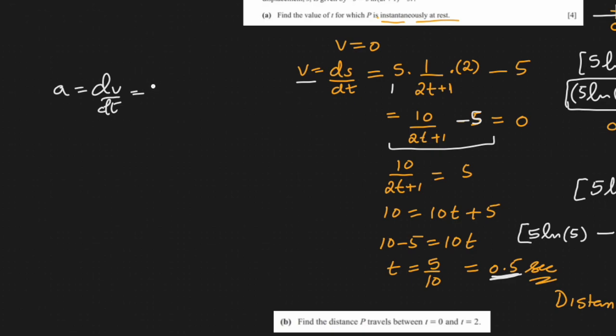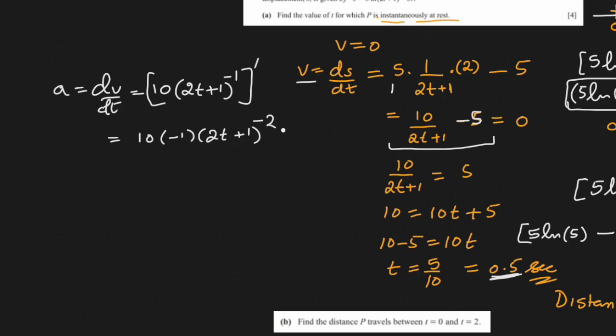Can write this as 10 multiplied by 2t plus 1 to the power minus 1, and I have to differentiate this. I'm ignoring minus 5 because its differentiation will be 0. The constant remains constant. Minus 1 will come in front, and the exponent of 2t plus 1 will go down by 1, which is minus 2. And further we have to multiply by the differentiation of what is inside the bracket, which is 2.